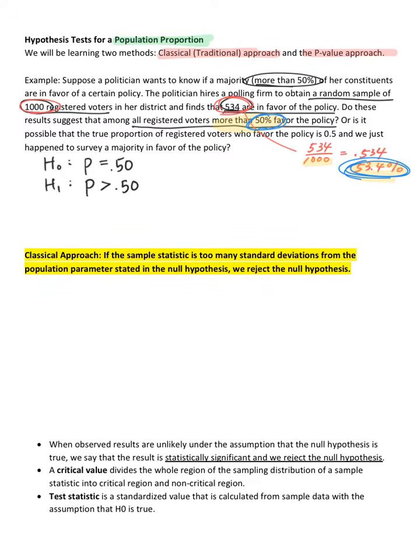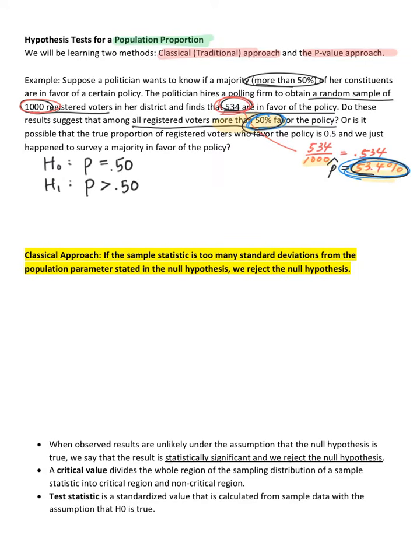That's what we're trying to find evidence for. And from our data, we got the sample proportion is 53.4%. So that's p hat. Now, as I mentioned before, we are trying to analyze how different 53.4% is from 50%.